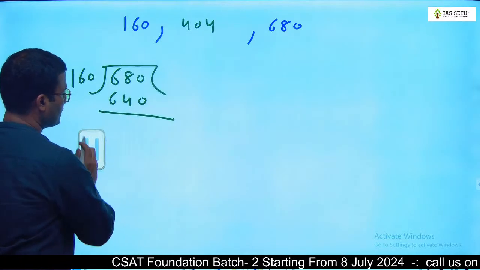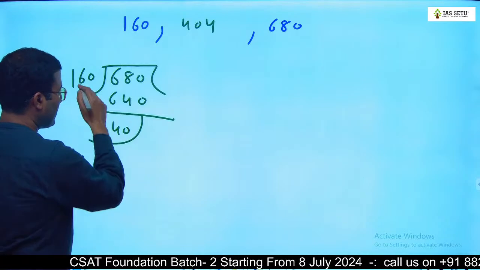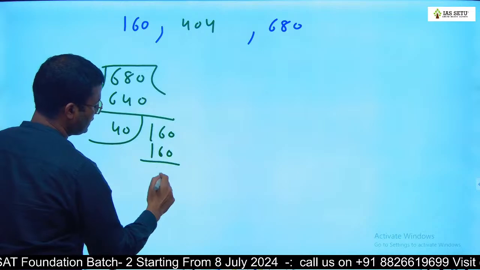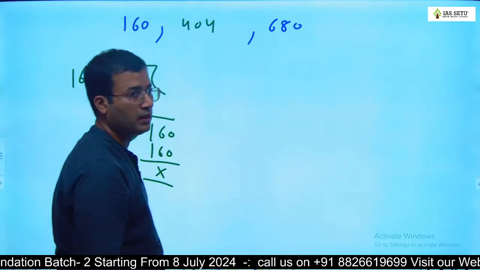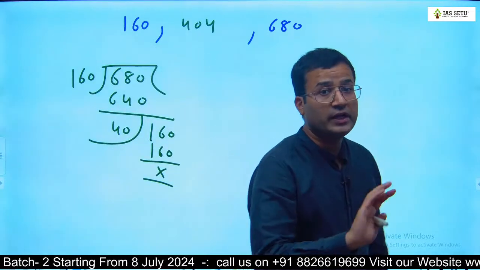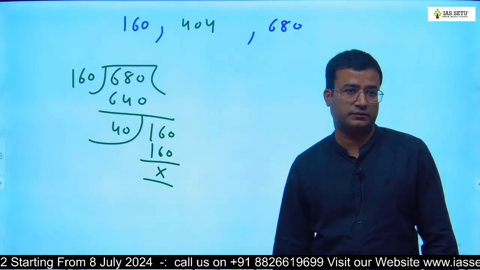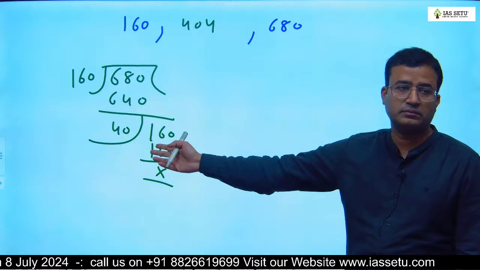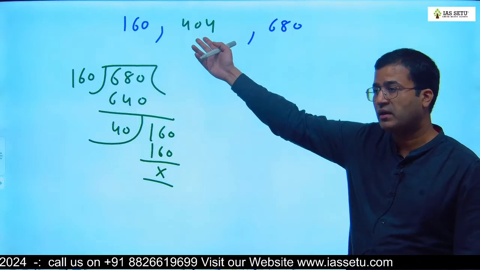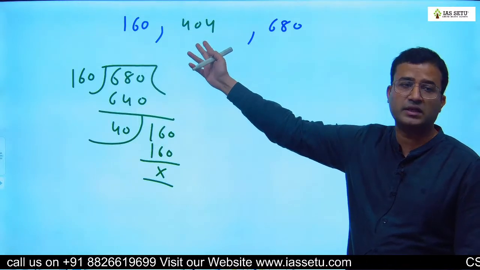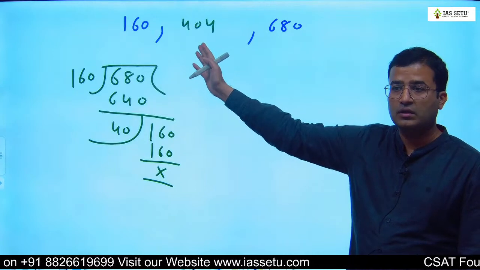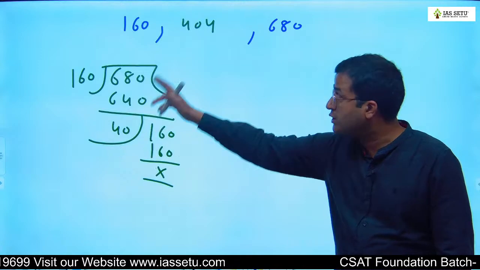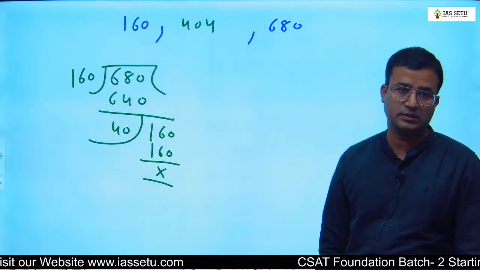Here my remainder becomes the next divisor. But we can't say 40 is the answer yet. 40 is like Munna Bhaiya, he still has to prove his capability here. We can't say 40 is the king of Mirzapur. It has to prove itself with the third number.